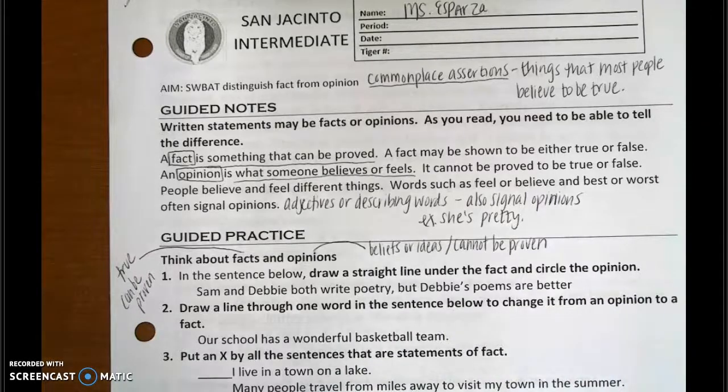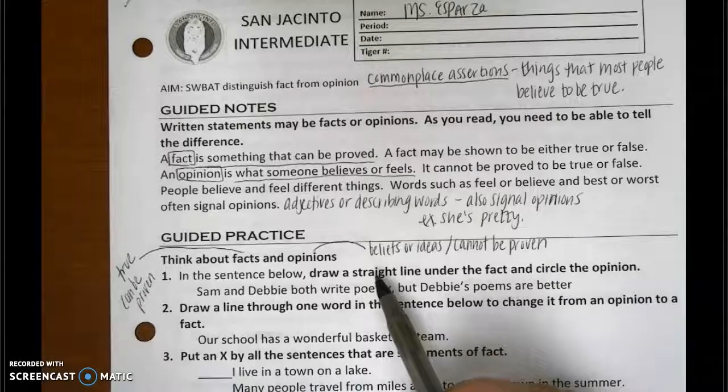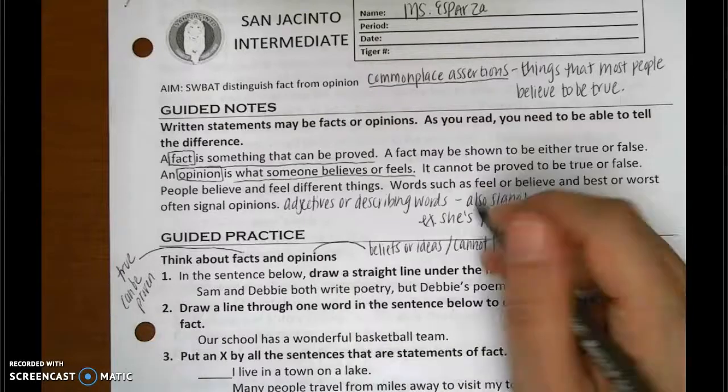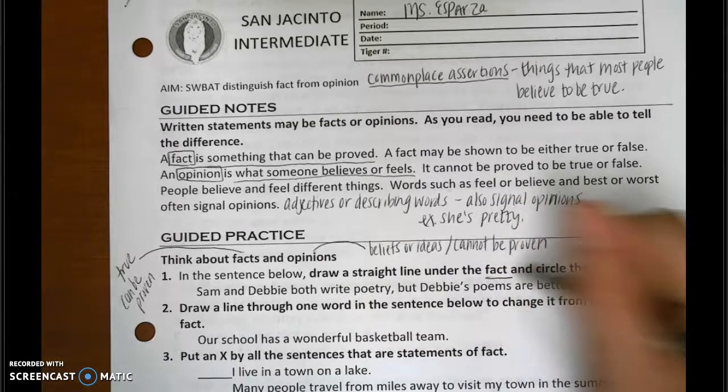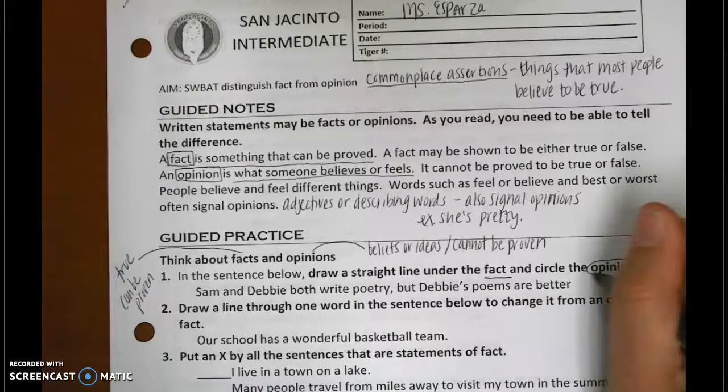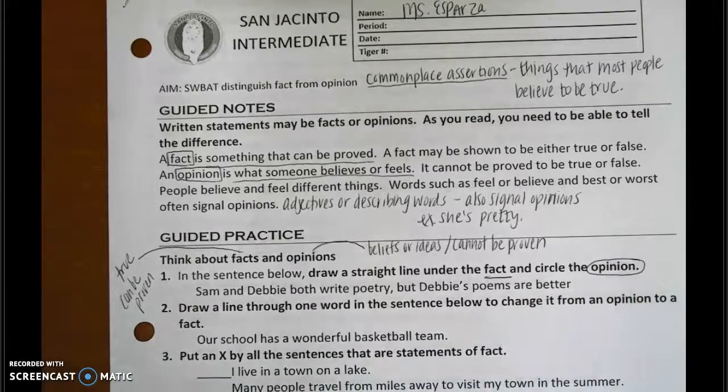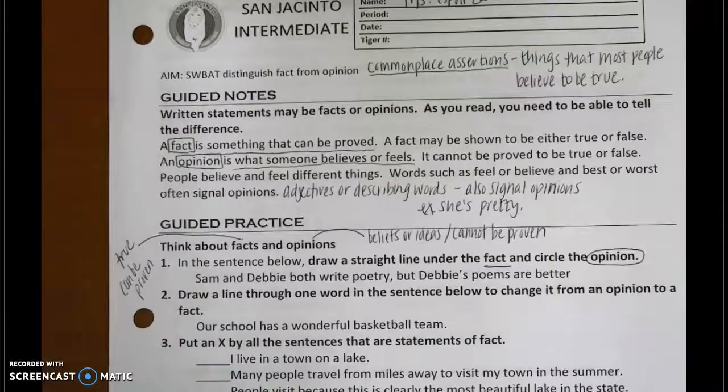Number 1. In the sentence below, draw a straight line under the fact and circle the opinion. So it's giving me instructions here, so I'm going to do what they're telling me to do. So I'm going to draw a straight line under the fact, and I'm going to circle the opinion. That's what it wants me to do when I read this sentence.